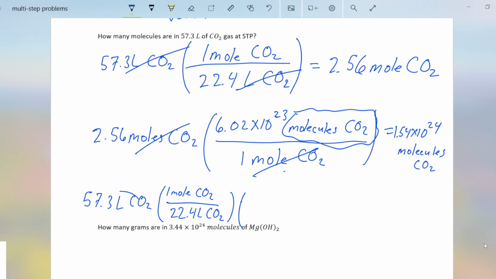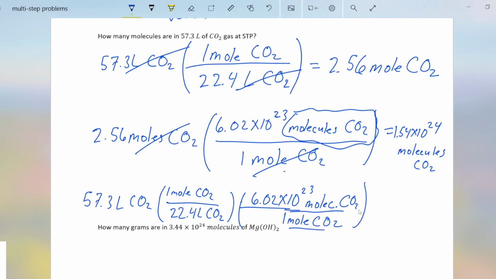So I'm taking my first boat that converts from liters to moles, and I'm multiplying all this together. And the last boat that I will need is the one that has 6.02 times 10 to the 23rd molecules, abbreviated MOLEC, molecules of CO2 divided by 1 mole CO2.